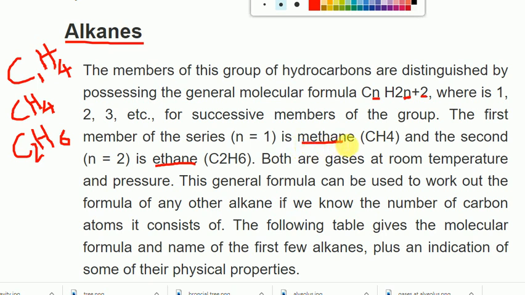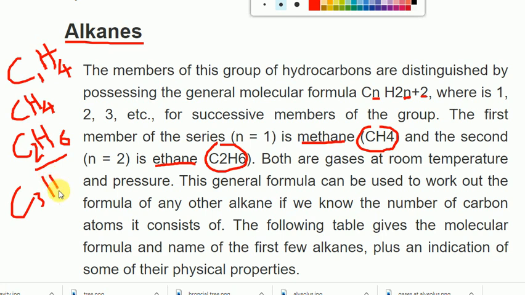You see how it is written: ethane. The first one was methane, CH4. The first member in this family is CH4, and the second member is C2H6, which is ethane. Coming to the third member, for example, it will be C3.